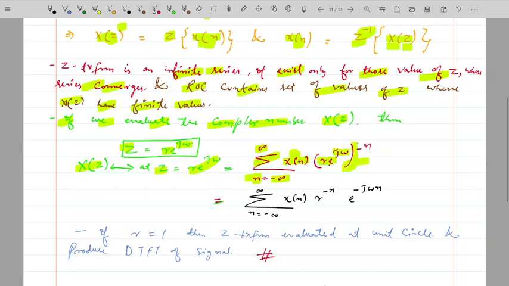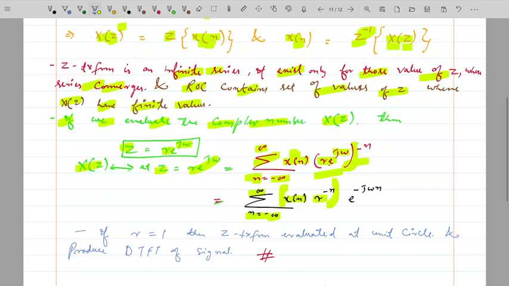It is equal to the summation for n from minus infinity to plus infinity of x of n, the discrete signal, multiplied by the real part r raised to power minus n, and e raised to power minus j omega, which is the imaginary part.